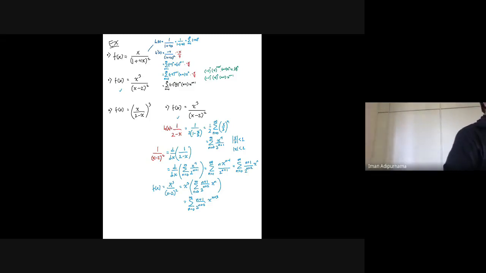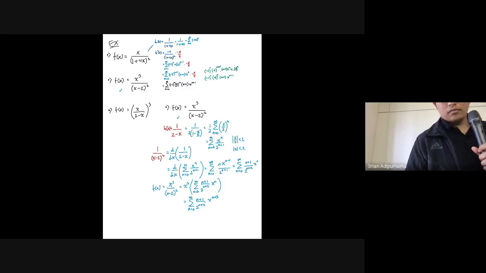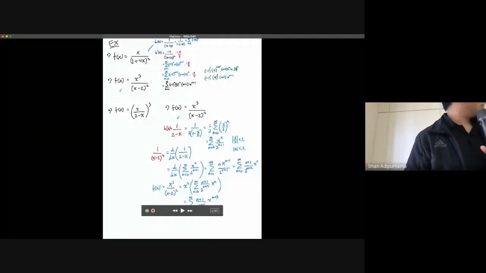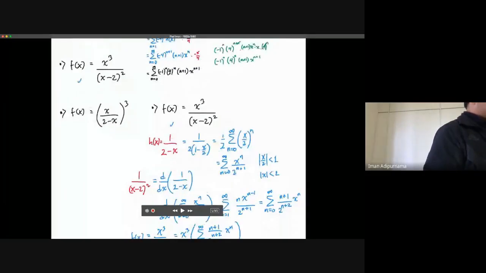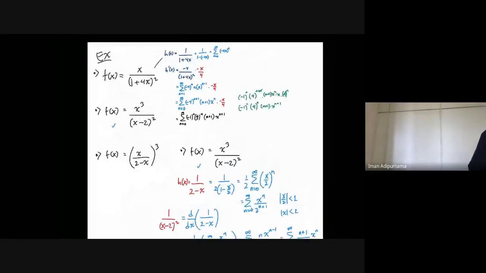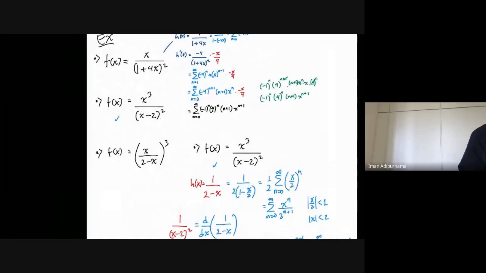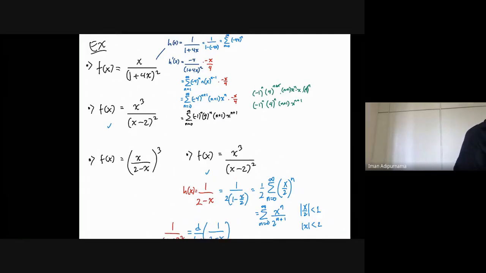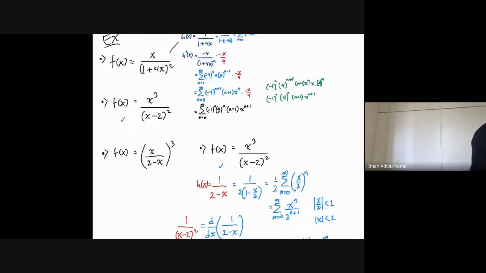Especially in chapter 11, there are a lot of definitions and theorems, and for most of the theorems, if you don't read carefully, you will use the theorem in a wrong way.